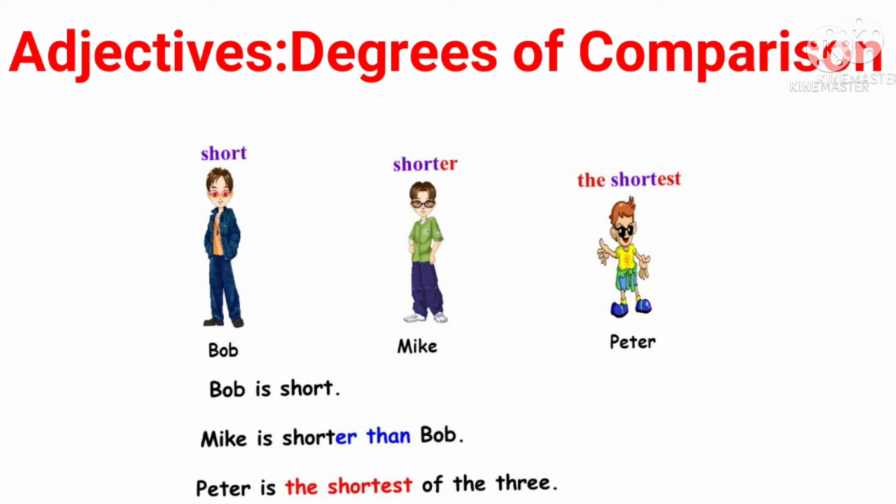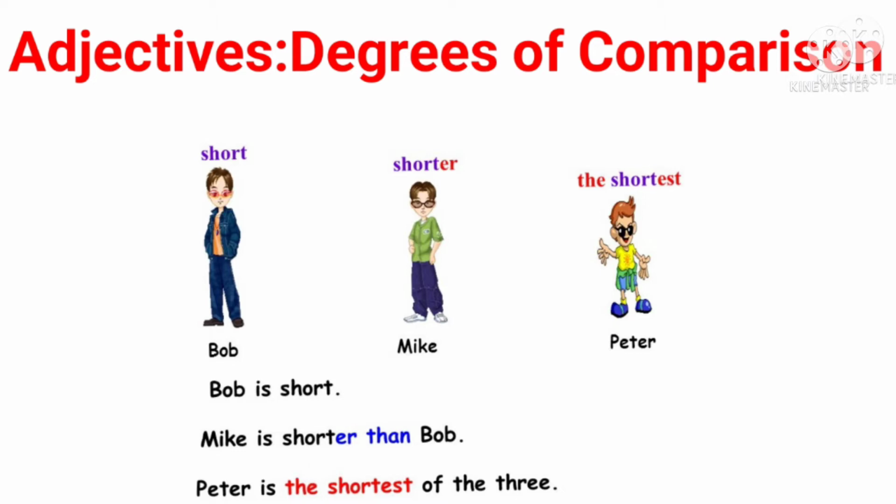So let's start. Students, as you can see on the screen, there is a picture of three boys: Bob, Mike, and then Peter. For Bob it is written short, which is for his height. For Mike it is written shorter, and for Peter it is written the shortest.